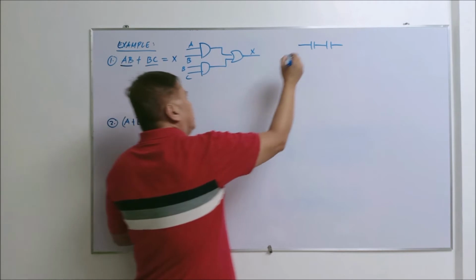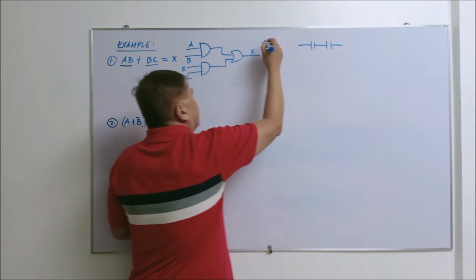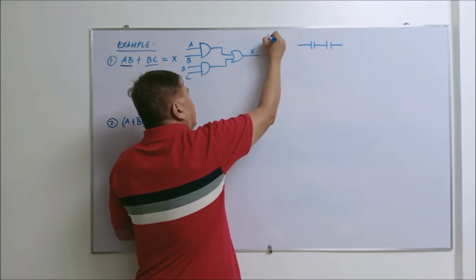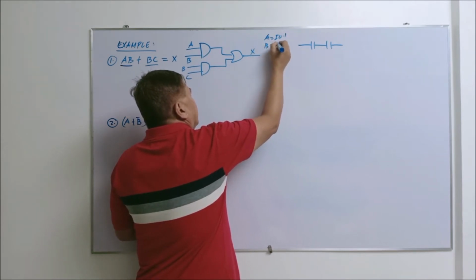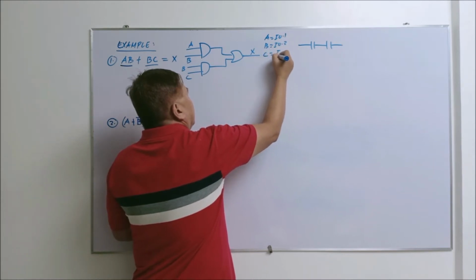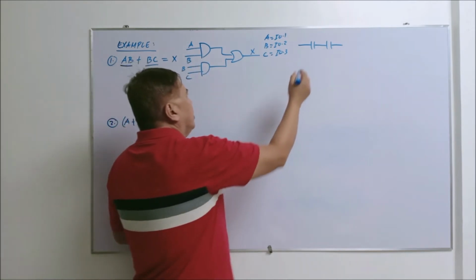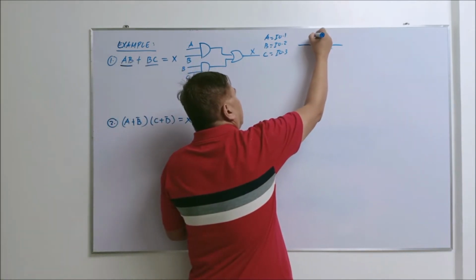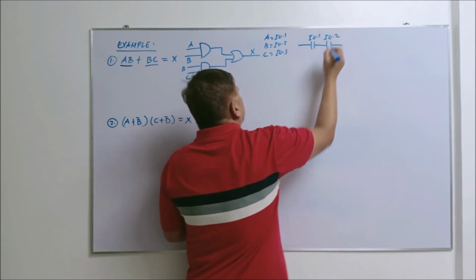Let's say A here is I 0.1, B is I 0.2, C is I 0.3. So you have only A, B, and C. This one here is I 0.1, and this one here is I 0.2.